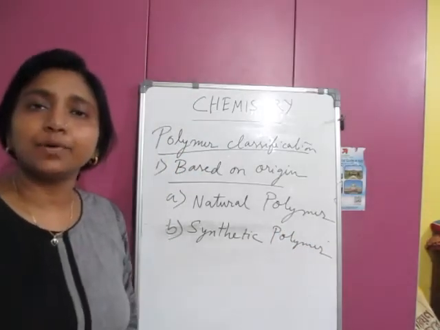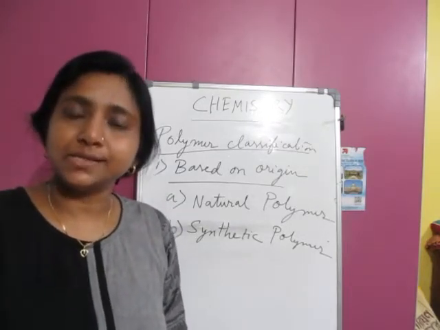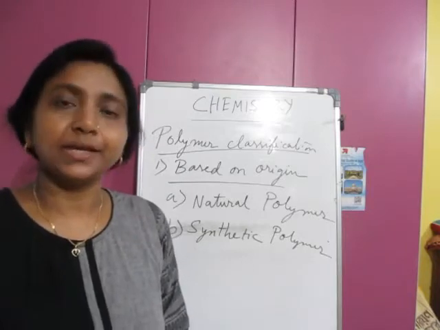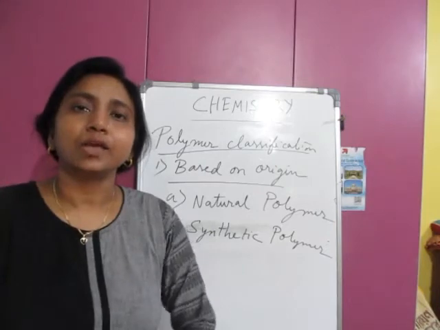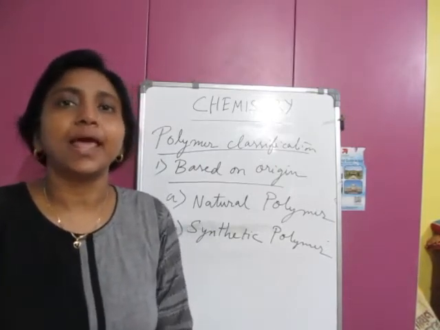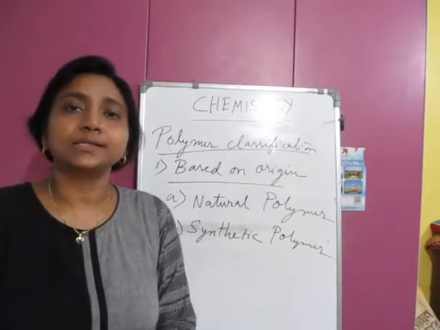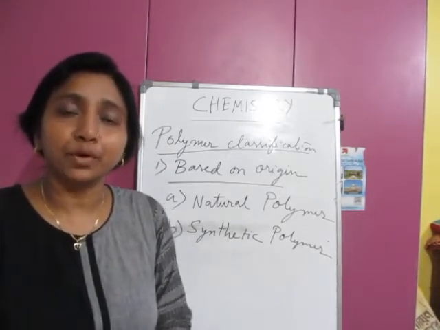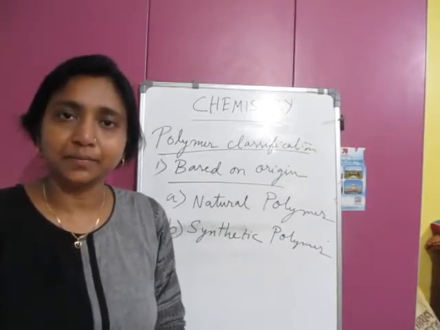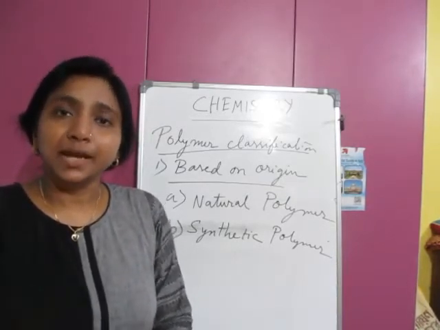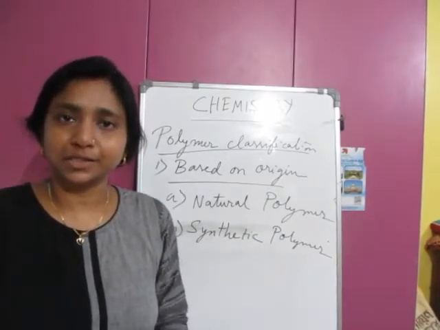What are the natural polymers? The polymers which exist in our environment are the natural polymers. For example, you have learned many examples like cellulose, starch, and protein. The amino acid is the monomer of protein, and it is the building block of our body structure. And silk, wool, and also natural rubber, you have learned the structure also.